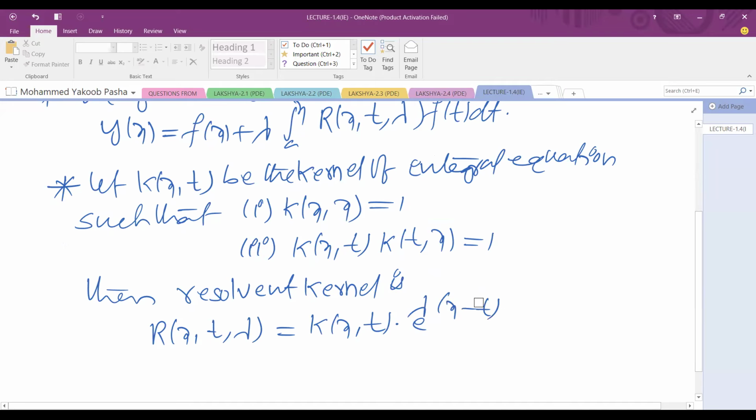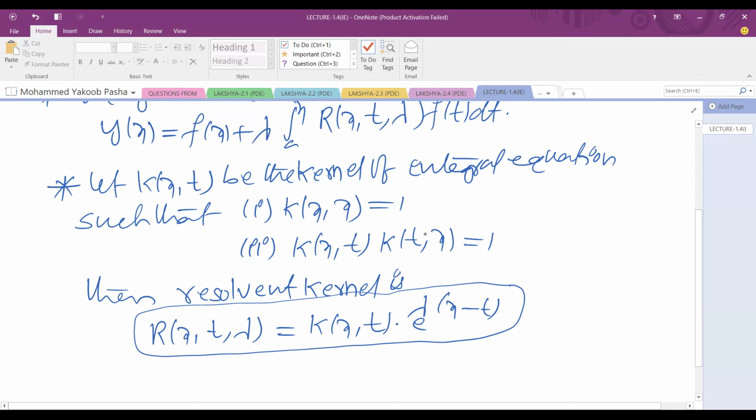When these two conditions are satisfied, then only this is the resolvent kernel. After finding the resolvent kernel, we can find the general solution. This is only for when the kernel satisfies these two conditions, which makes finding the resolvent kernel very easy.